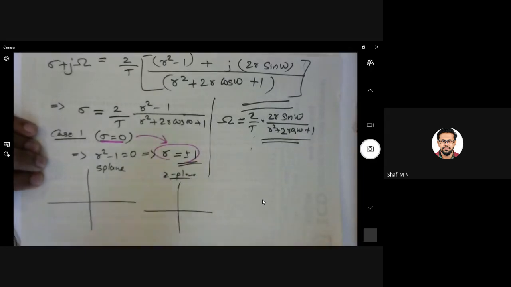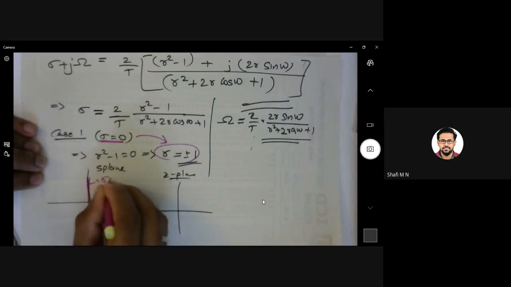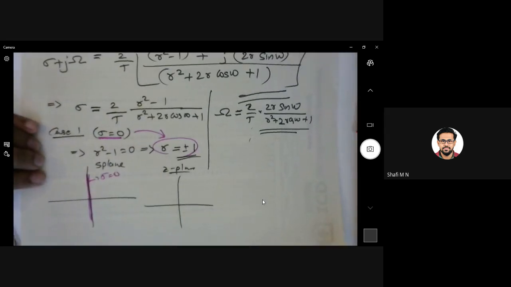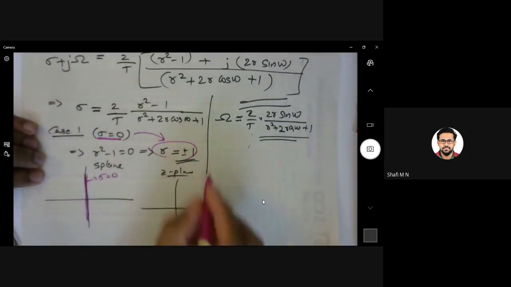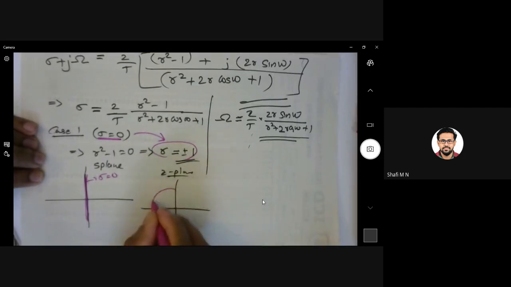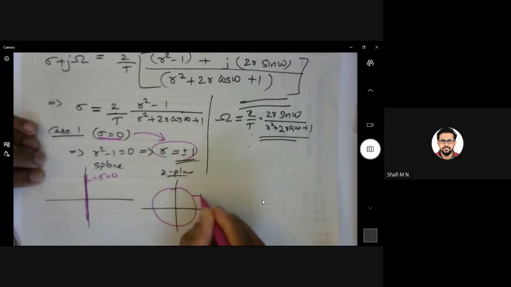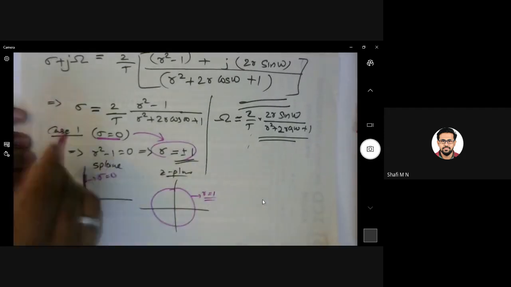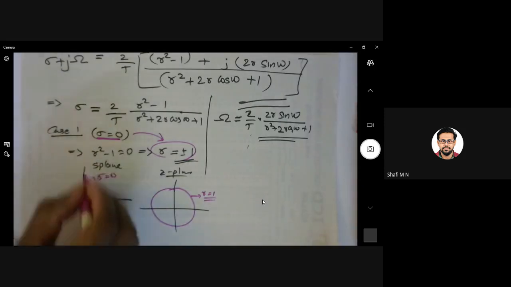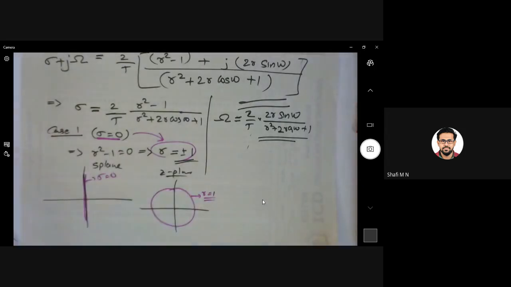So what can you say? The imaginary axis, sigma equal to 0, that is mapped to where? R equal to 1. What is r equal to 1? Unit circle. So this is the first case. So we proved that the imaginary axis is transformed to r equal to 1.